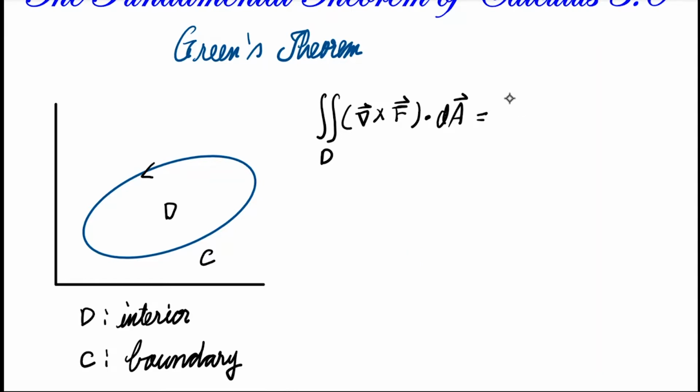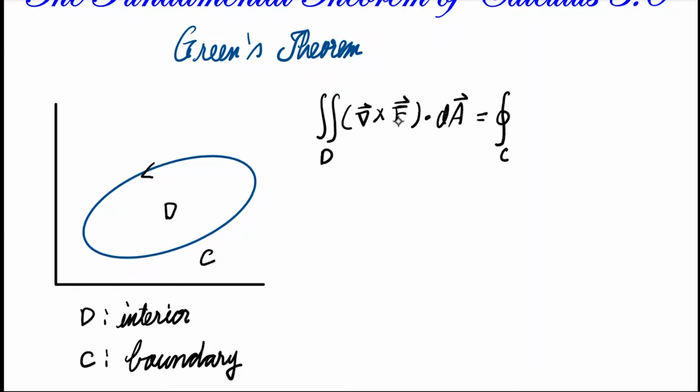Is equal to, remember that symbol? Over your boundary, the curve, a line integral going around in a loop, of the antiderivative of that thing. What's the antiderivative of that thing? This already looks like a derivative because it has a partial x, partial y, partial z in it.